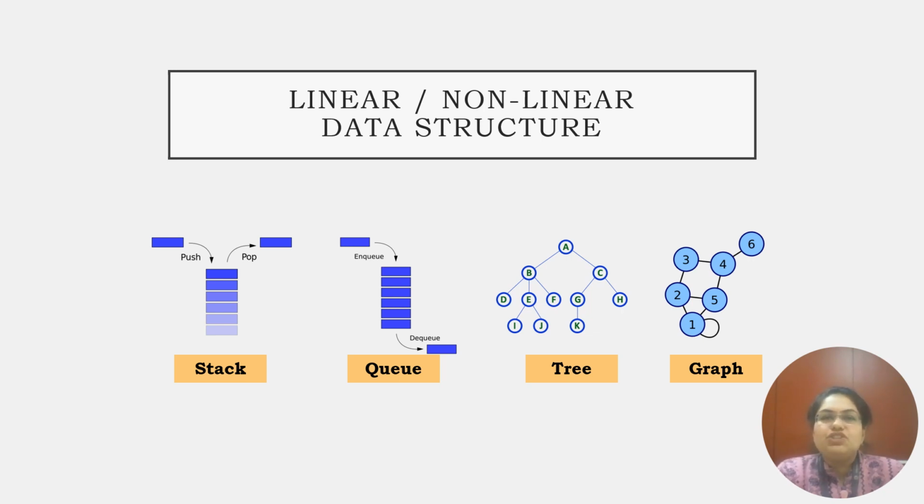Operations like push and pop are performed on a stack. If we insert data into the stack, it's called the push operation. If we are removing any element from the stack, it's called the pop operation. So we can say that the stack is implemented either using an array or using a linked list.